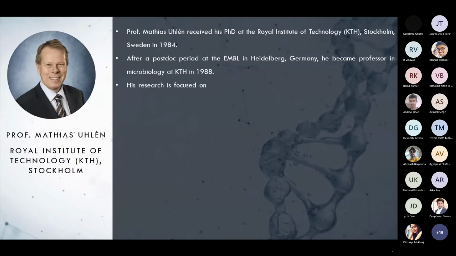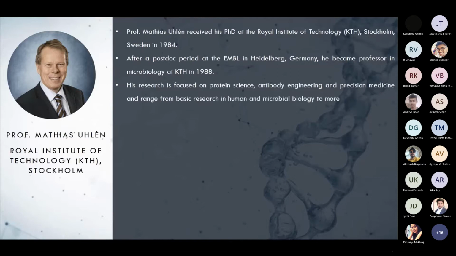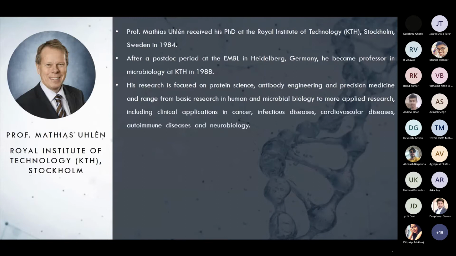His research is focused on protein science, antibody engineering, and precision medicine, and ranges from basic research in human and microbiology to more applied research including clinical applications in cancer, infectious diseases, cardiovascular diseases, autoimmune diseases, and neurobiology. His research has resulted in more than 650 publications.